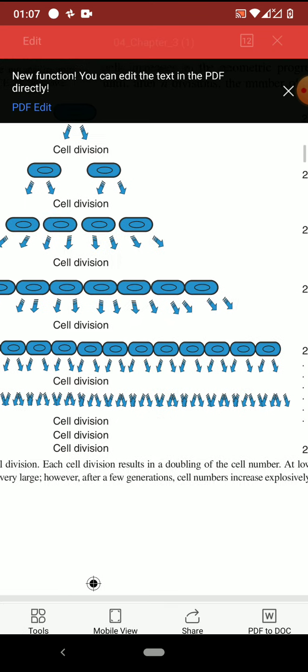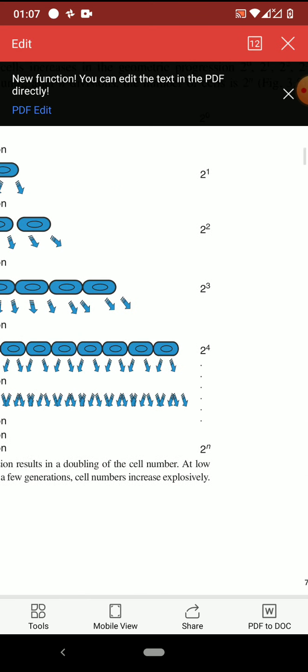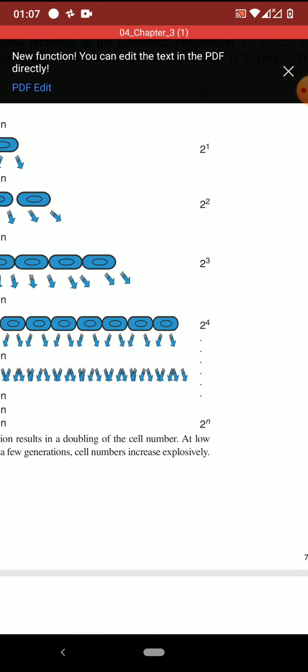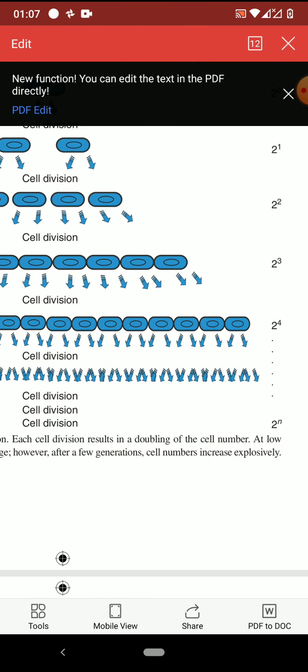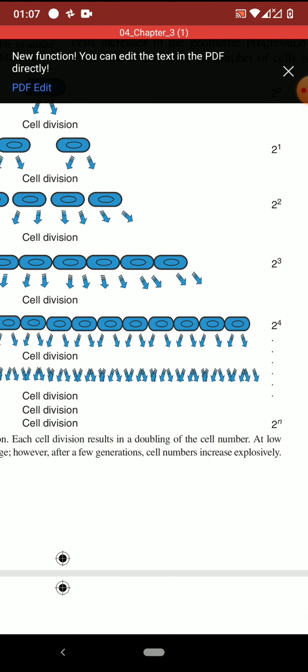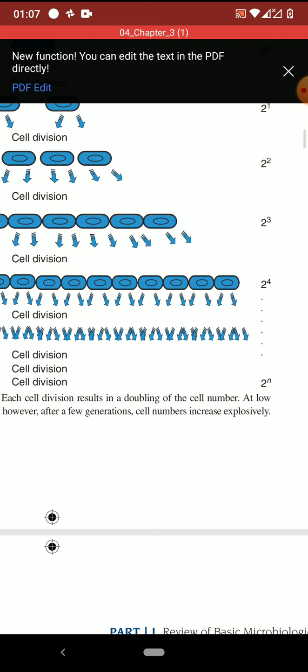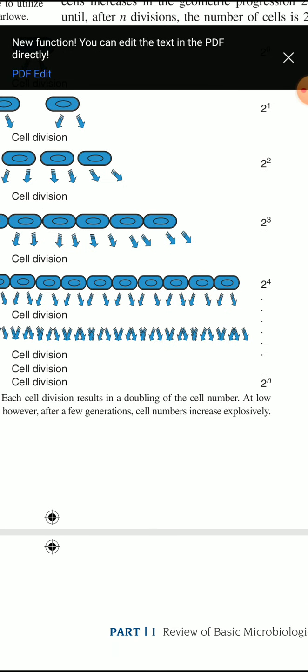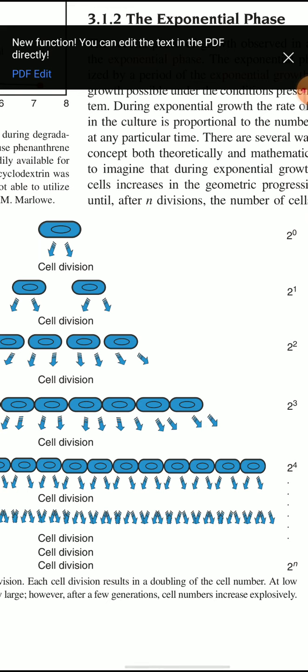Then the second generation happens, and the number of cells is 2 to the power of 2, that is 4. Then 2 to the power of 3, that is 8. 2 to the power of 4, that is 16. So this goes in the form of geometric progression.